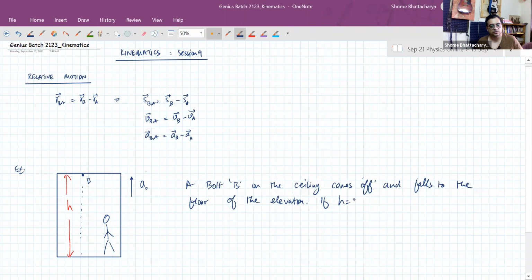If h is equal to, let's say, 6 meters, it's an extremely tall elevator, let's say it's a freight elevator or something. So 6-meter height is there.